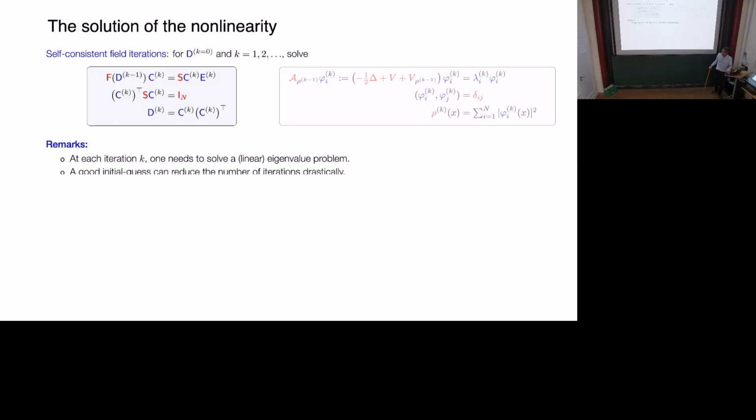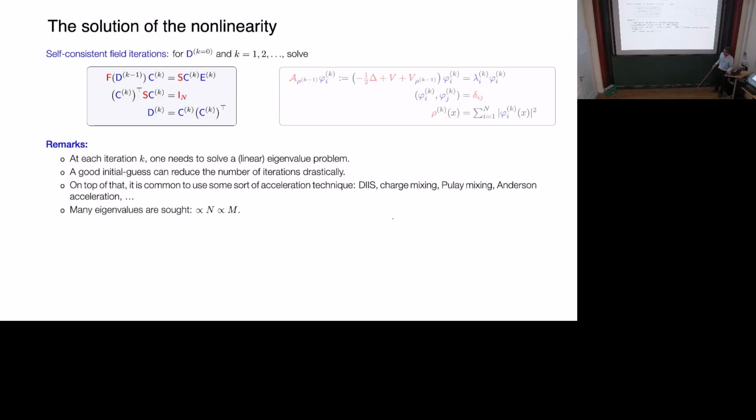In practice, there are more sophisticated versions. You use DIIS, direct inversion in the iterative subspace, Pulay mixing, Anderson acceleration, and a whole slew of methods and cooking. It's very expensive because the number of eigenvalues and eigenvectors that are stored is proportional to the number of orbitals, which is also proportional to the number of atoms.